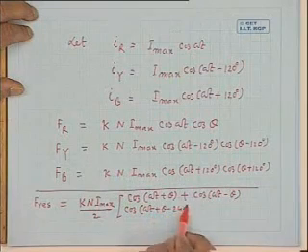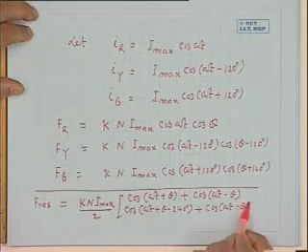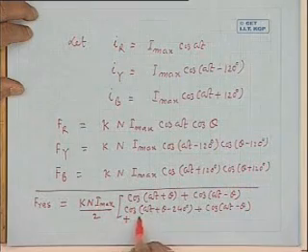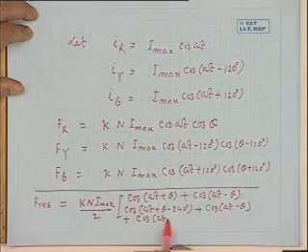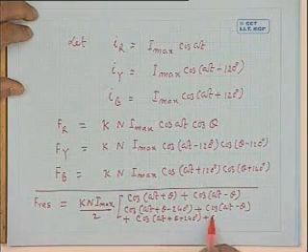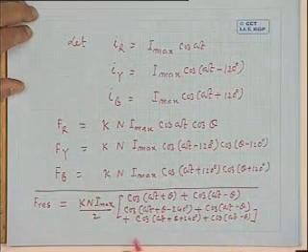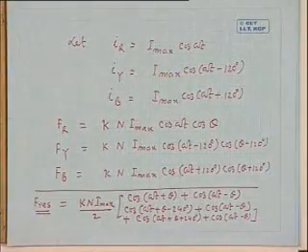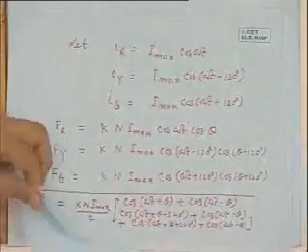Then plus cosine of A plus B, that is omega t plus theta minus 240 degree, plus cosine of omega t minus theta, the second term. And lastly, plus cosine of A plus B, that is omega t plus theta plus 240 degree, and plus cosine of omega t minus theta. This will be the resultant field, this F resultant.